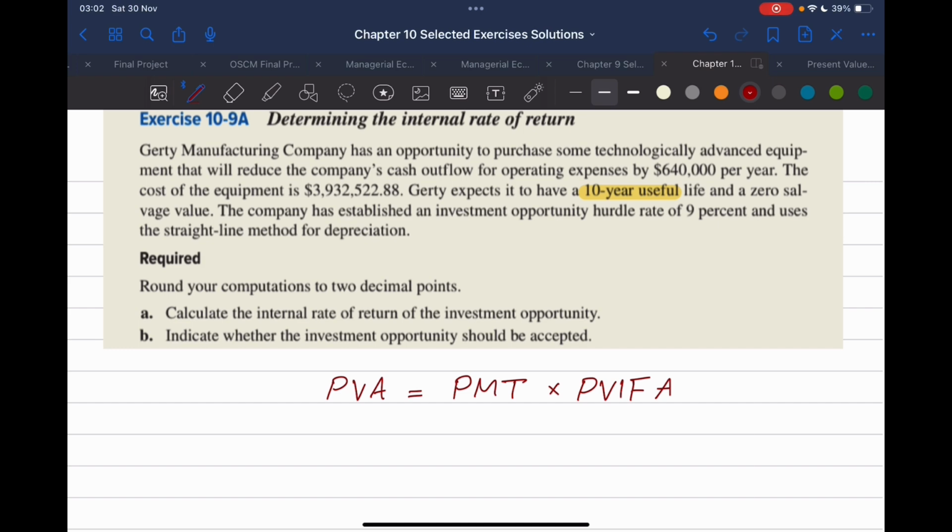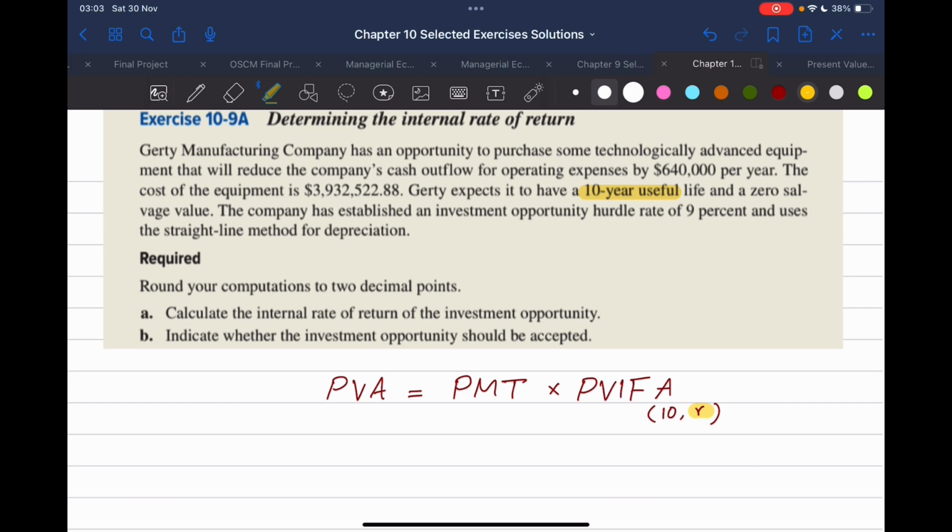Now, we know that the life of the investment is expected to be 10 years. We don't really know the rate of return, so this is what we are trying to find, which is R right here.